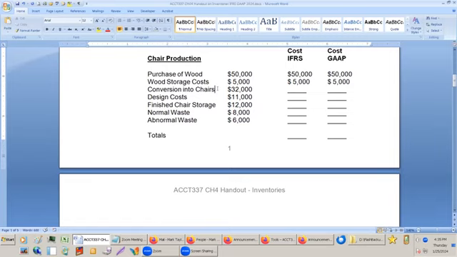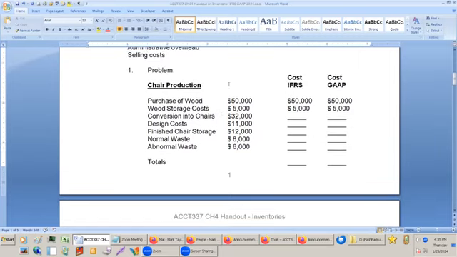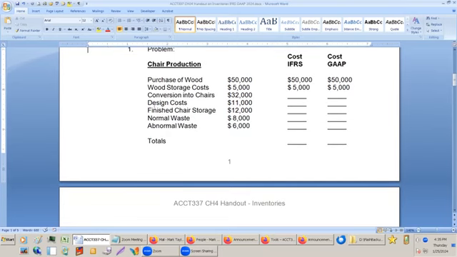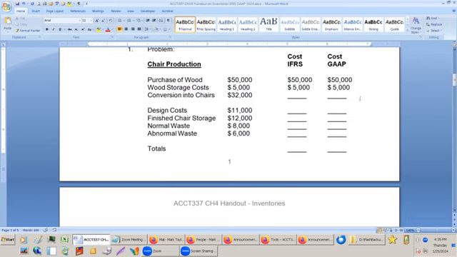Conversion costs. This is a yes. I should probably talk about what conversion costs are. Conversion costs are direct labor and overhead.